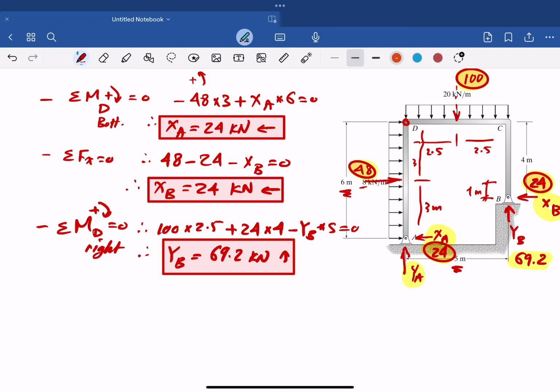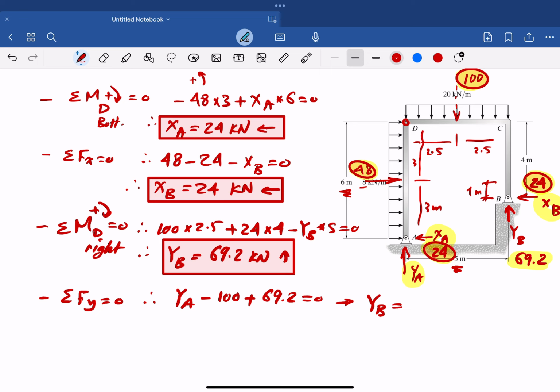Now it is easy to find the last Y force. Summation of Fy equal to 0, then YA, which is unknown, minus 100 plus YB 69.2 equal to 0. From here we can get the YA equals to how much?